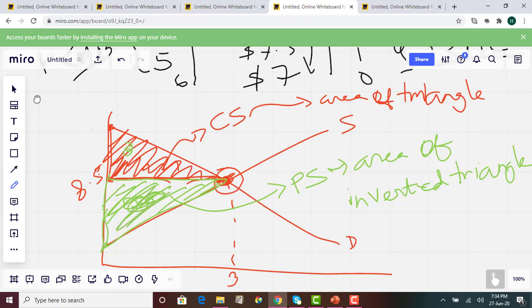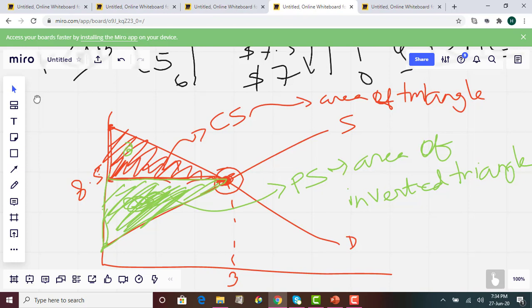Okay, this area represents producer surplus. Now we have the numbers, so we can actually calculate the area and figure out what the consumer surplus and producer surplus are in this specific example.